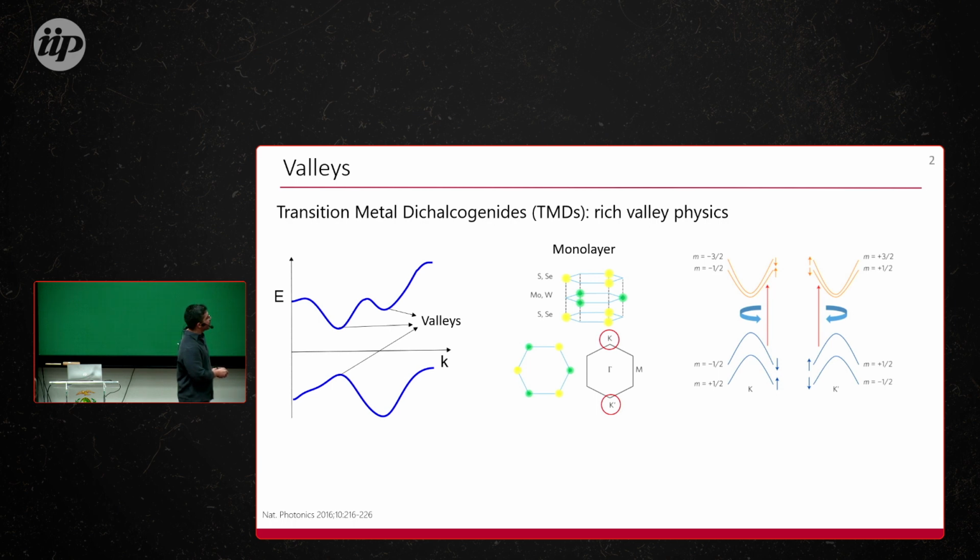Here, for instance, you have spin down, spin up, and when you go to the other valley, which is the K prime, it inverts the direction of the spin. And we can select this valley or this one, using light, just using a circularly polarized component, and then we can select the K and the K prime point.